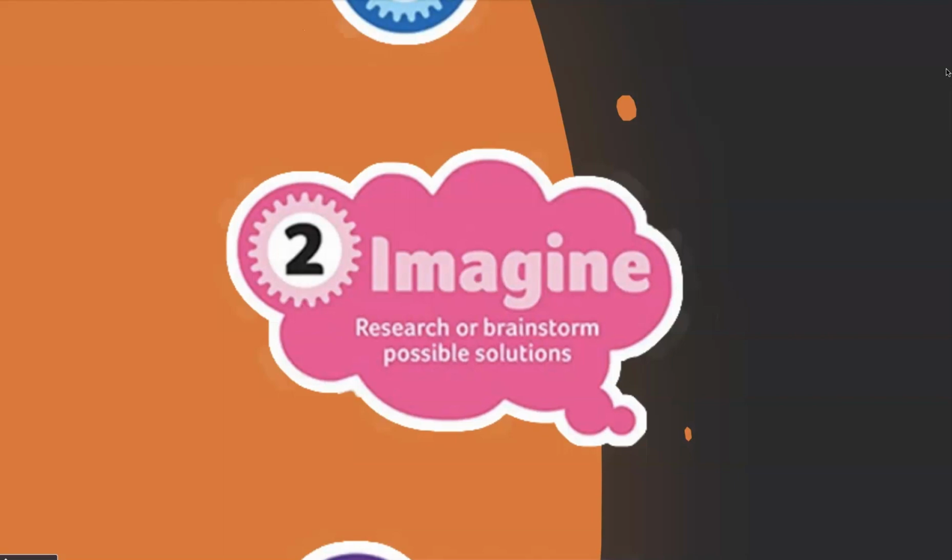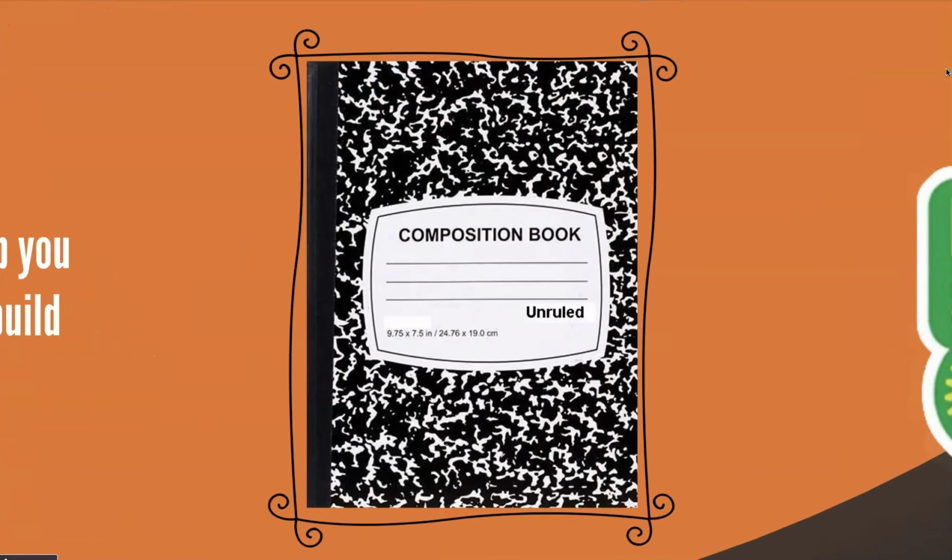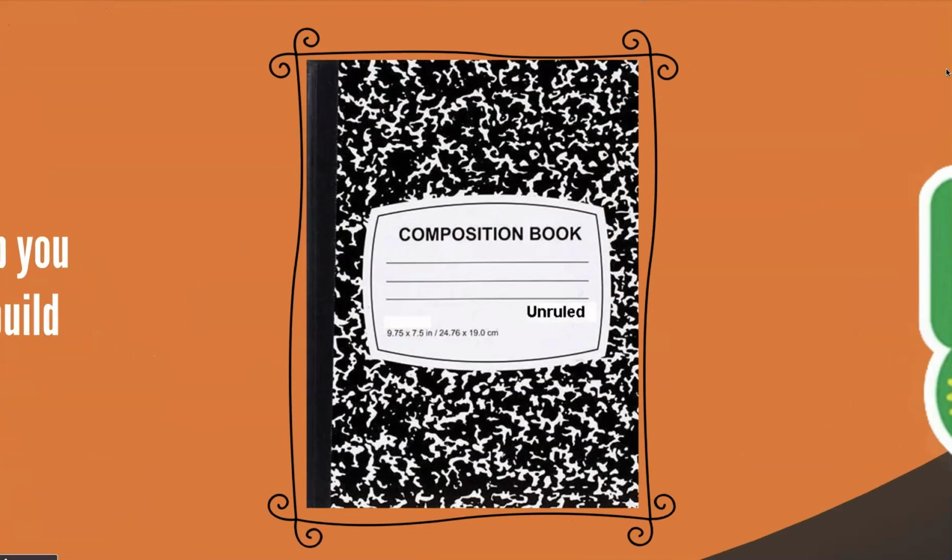So what are some solutions to your problem of wanting to create a game in Scratch? This is where your journal is going to come in handy. Start keeping a journal with you wherever you go. Jot down ideas, experiences, things that you have observed, maybe even your dreams.